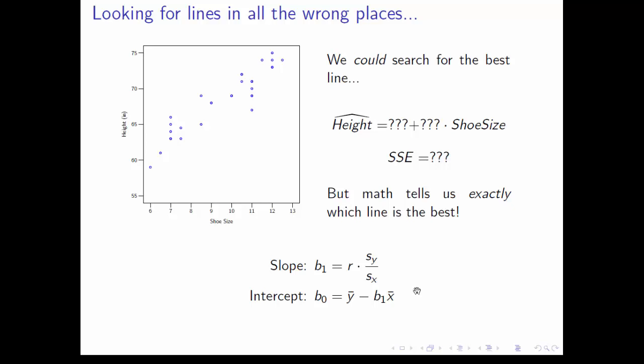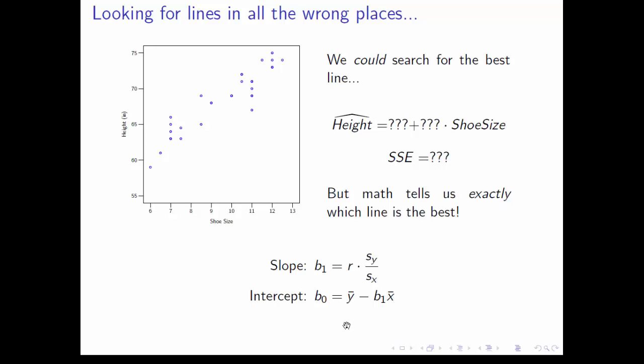But of course, I also have to supply an intercept. The intercept uses the bar above the y, which is the average or mean: the mean of the y's and the mean of the x's. Take the mean of the y, subtract the b1 that you computed in the first step times the mean of the x's, and that will give you the intercept you need.